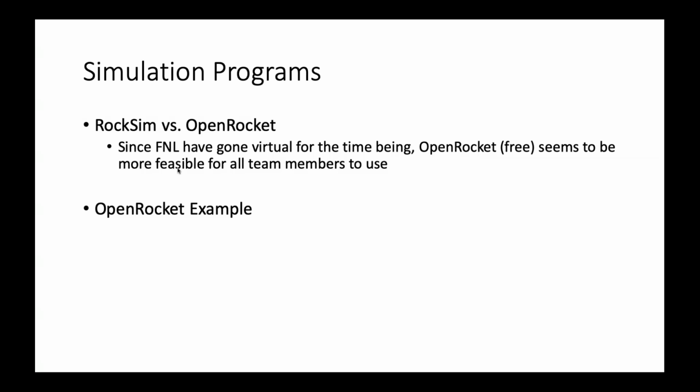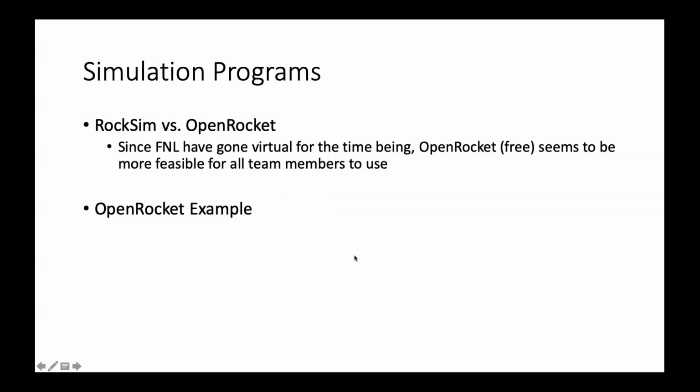Well, it's not really a license, but everyone can download it, versus some of you only have one license for your school, or I know we did at my CU Boulder. So if you stuck with RockSim, that would mean only one person could work on it. So OpenRocket is always an option.